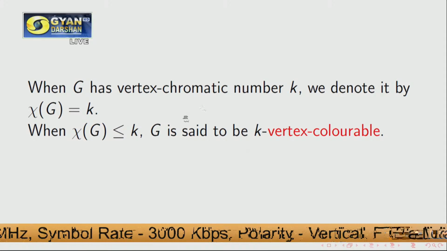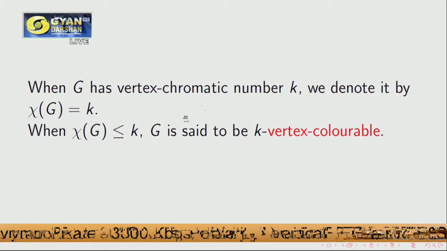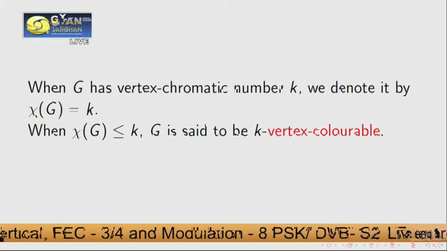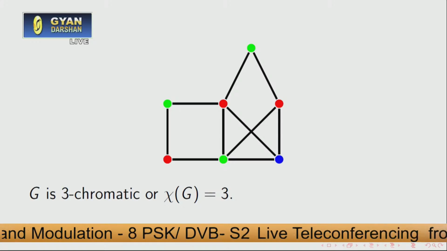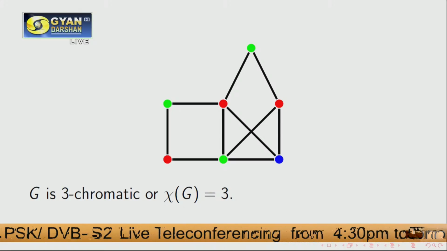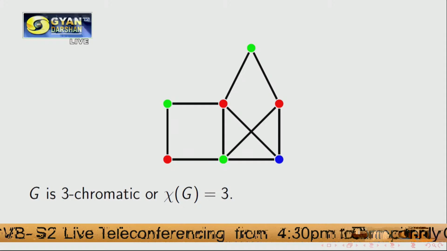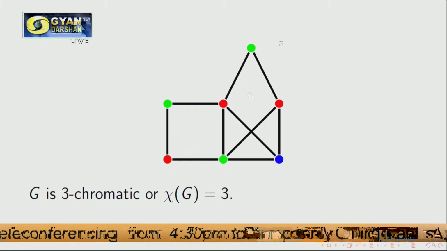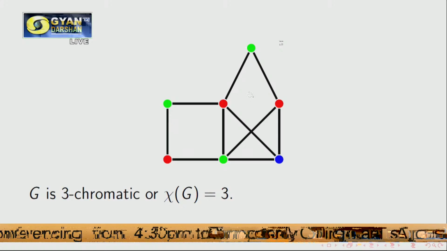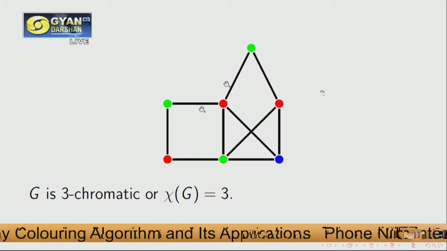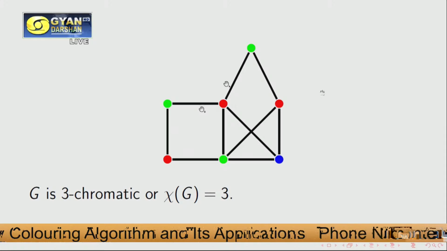With these definitions, let's look at an example. You are given a graph here. It has been colored using 3 distinct colors: red, green and blue. The first thing you can see is that the colors assigned here produce a proper, valid coloring.